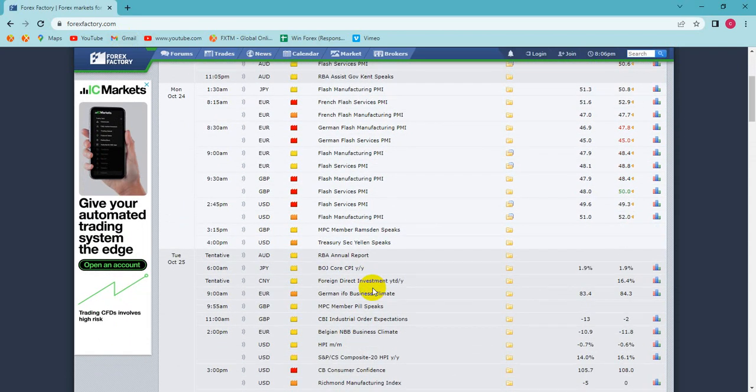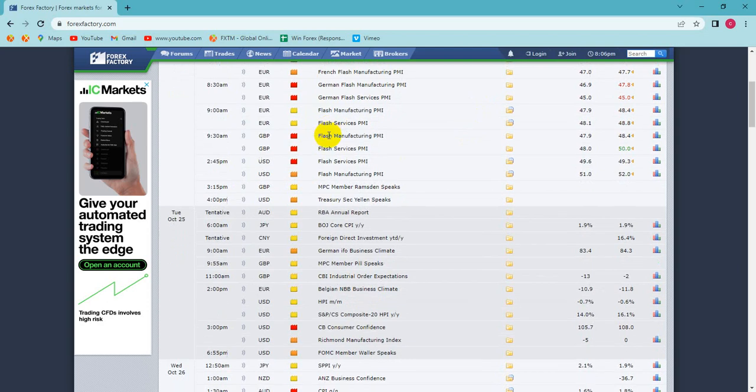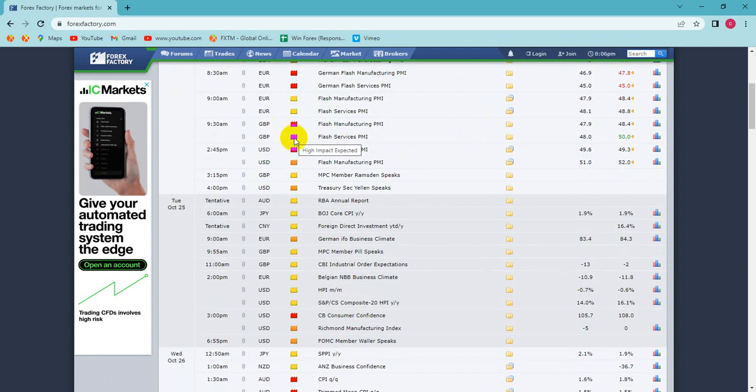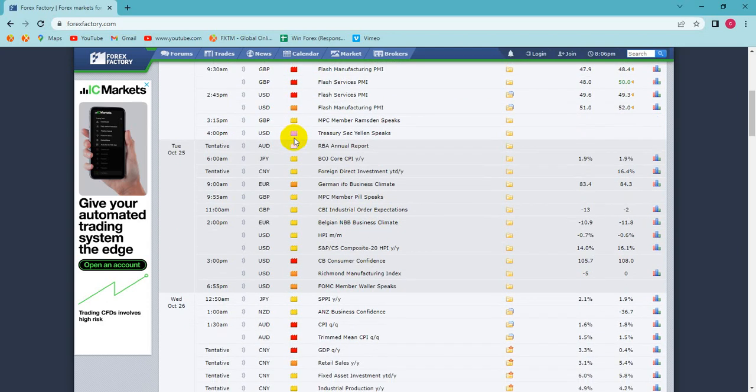Like I said, for Euro on Monday, there's going to be much news on Euro. French flash services PMI. So there are a lot of red folders for Euro, and then GBP. So there's going to be a lot of opportunities to trade this week. So this is Euro on Monday, and then we also have GBP news, some red folders.